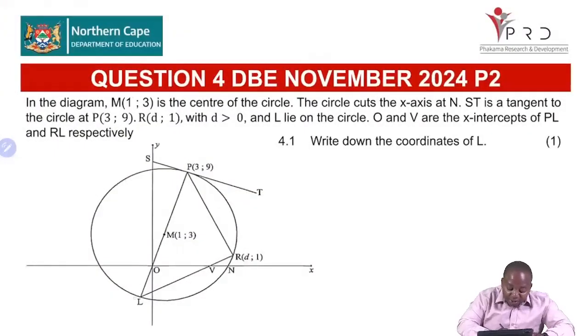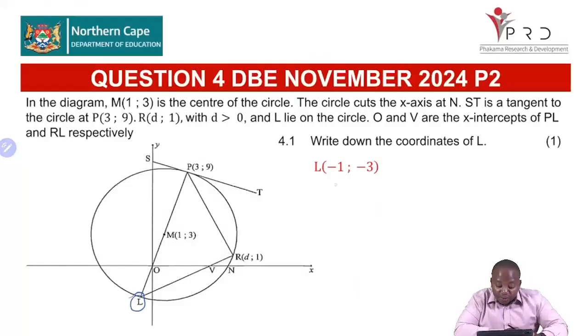So where is L in this case? To find the coordinates of L, we are going to have our coordinates of L as (-1; -3). We can make use of our midpoint formula to find the coordinates of L, so this becomes very easy.